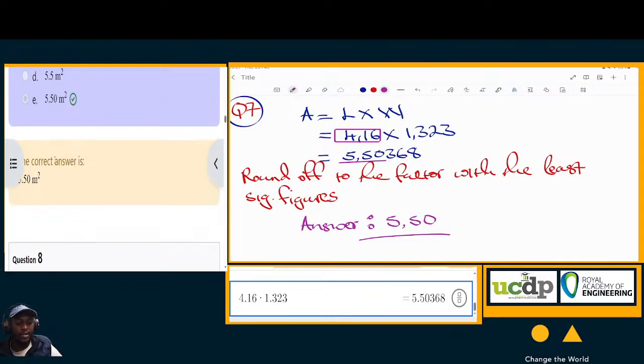So you can check that indeed our answer is correct. Don't forget to put units. So that is for question 7. So remember, for multiplication and division, you give your answer to the factor with the least number of significant figures. Now let's move on to question 8.